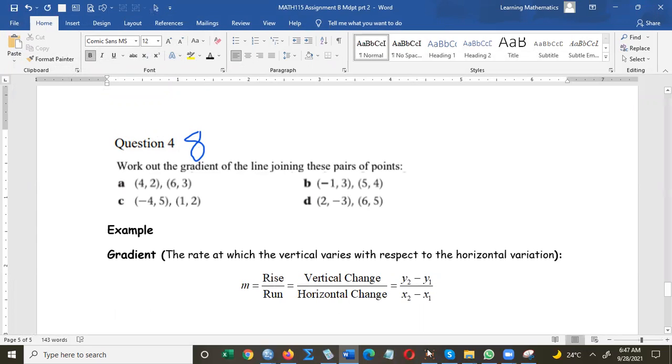So as an example, calculate the gradient of the line segment, if you will, that joins the points. You must have 2 points.